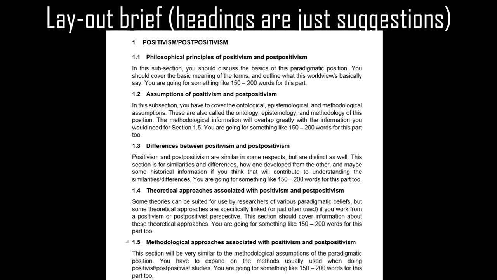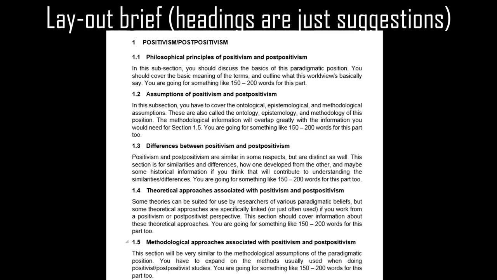You will see that the text written in there gives you an idea of what you must include under each section. And what I suggest you do is that you divide the word count into those 5 subheadings or subsections for each paradigmatic position, so that you have an equal distribution of attention to the different subsections you must include in every essay.